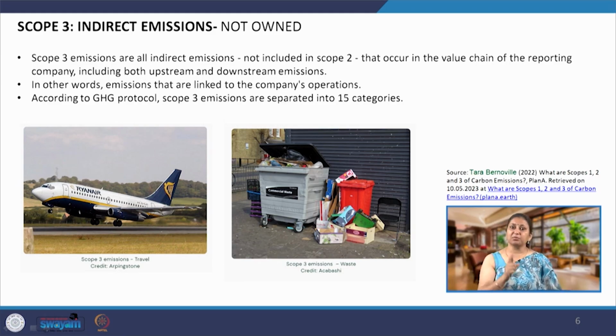So, if I am able to handle my scope 1 and 2 and every other company is able to reduce their scope 1 and 2 emissions, together we will collectively be addressing scope 3, because the product which is being manufactured here is part of the upstream or downstream value chain for some other company.